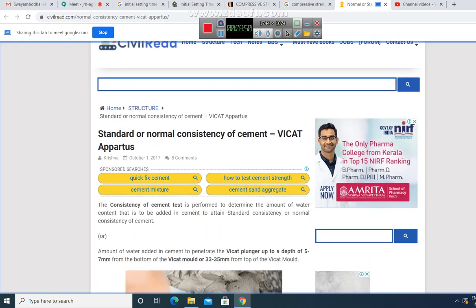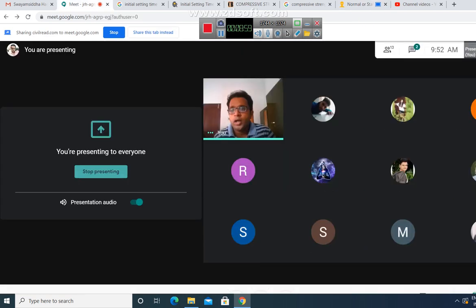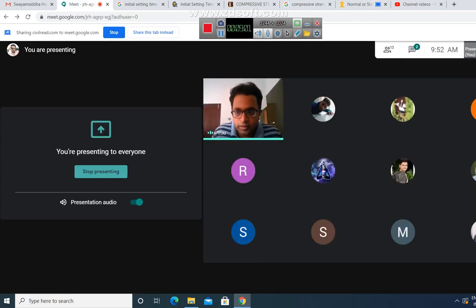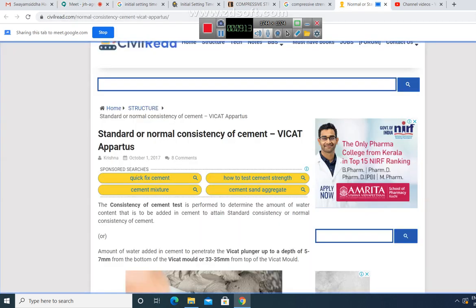Standard or normal consistency of cement. So the apparatus or equipment used for determining the standard or normal consistency of cement, you call as a Vicat apparatus, V-I-C-A-T.